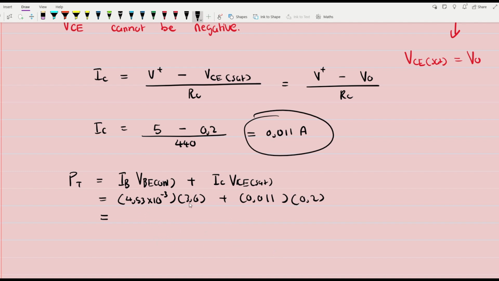Also for VBE, I used the wrong value, so that should be 0.7. Calculating that, we get 5.37 milliwatts. And that's it for 5.7.